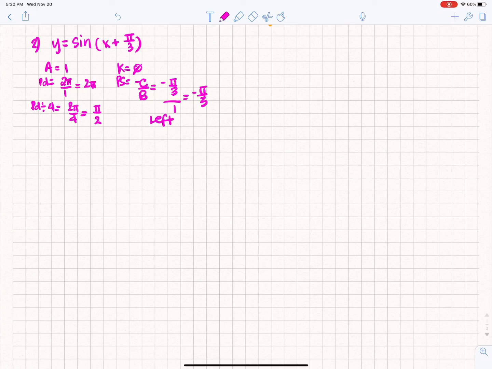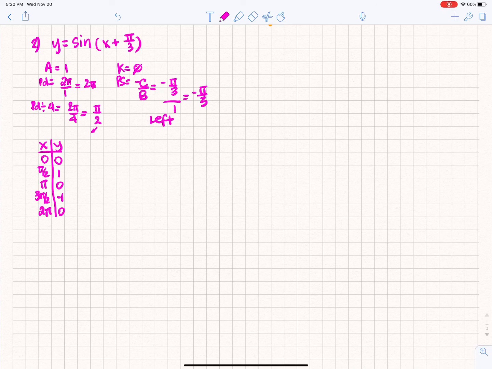Now, if you were to make your table, these are where your major points are going to be. We always start at 0. We're going to count by pi over 2: 1 over 2, 2 over 2, 3 over 2, 4 over 2. Sine starts at 0, then A, 1, 0, negative 1, 0.